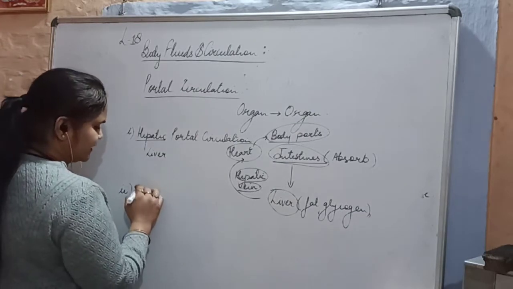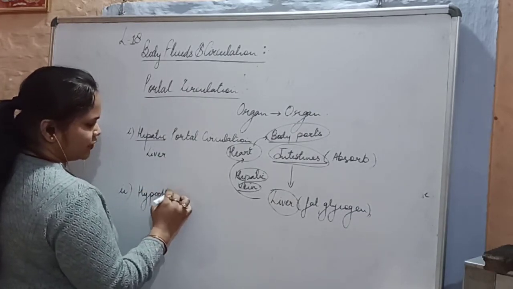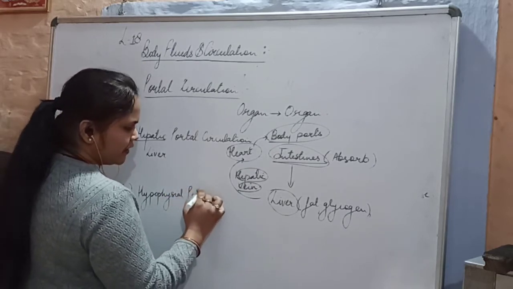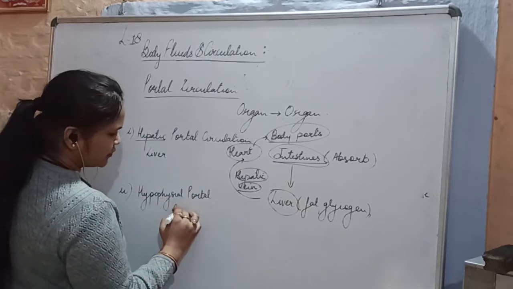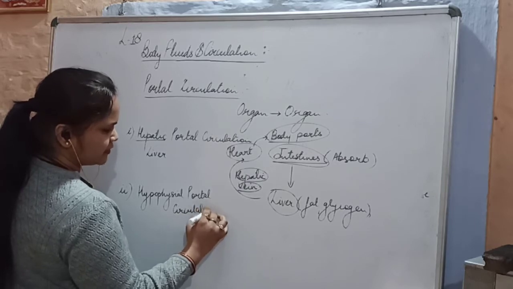Then next is the hypophyseal portal circulation. The hypophyseal portal circulation is related to the hypothalamus and the pituitary. The hypothalamus, we all know, is the master gland.